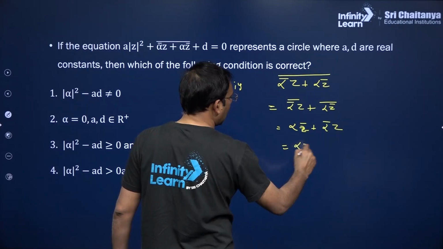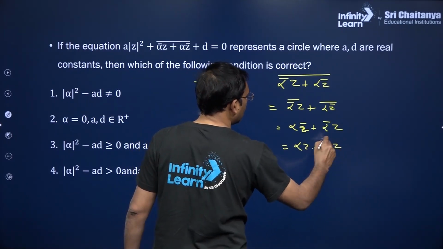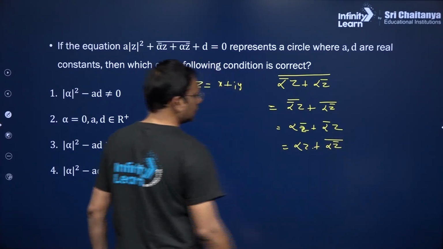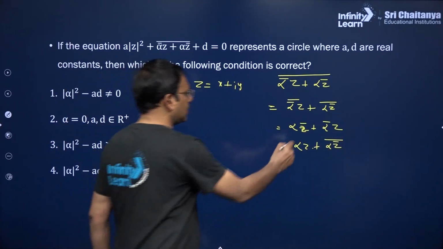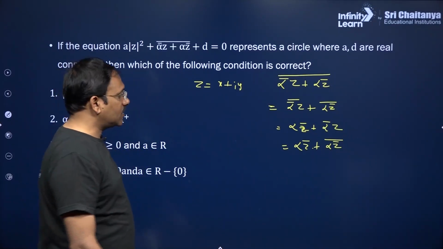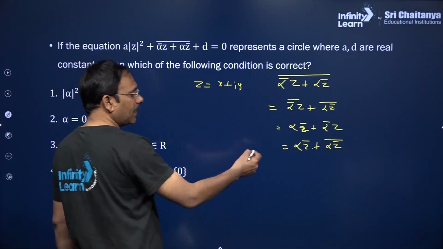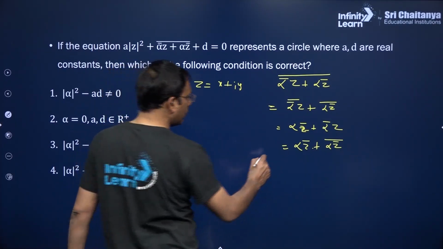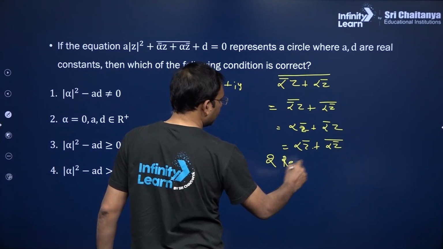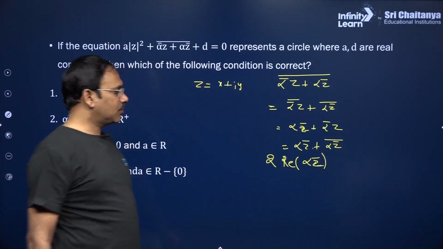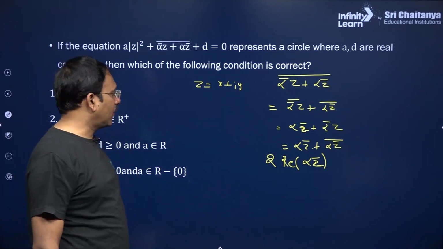Can I write it as alpha z plus alpha z whole bar, alpha z bar whole bar? Yes. So my dear friends, here you can also write like z plus z bar, so this is going to be 2 real part of alpha z bar. So z plus z bar is 2 real part of alpha z bar.